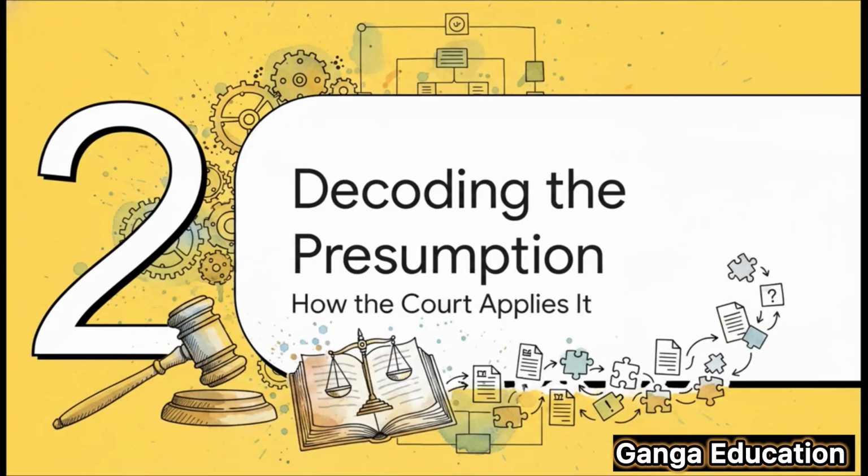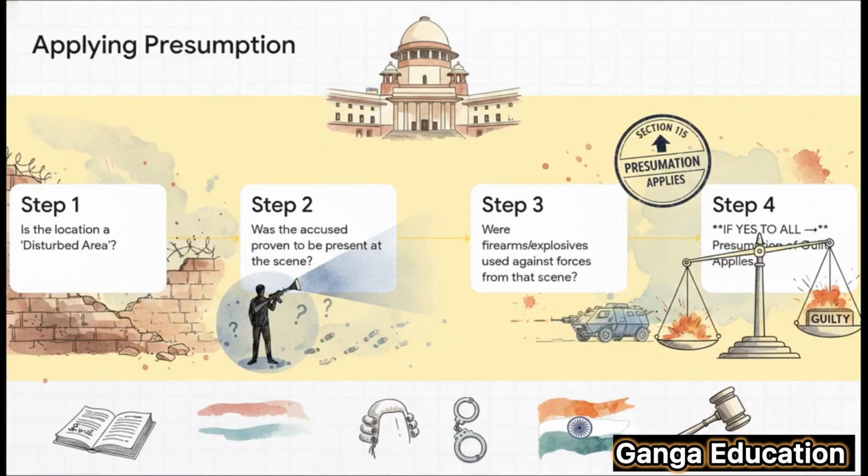Okay, so we've got the key ingredients. Now let's see how a court actually puts all these pieces together. Let's decode the logical sequence that the court follows when it applies this very powerful presumption. The court follows a very clear, step-by-step process. First, it asks, was the location a legally declared disturbed area?